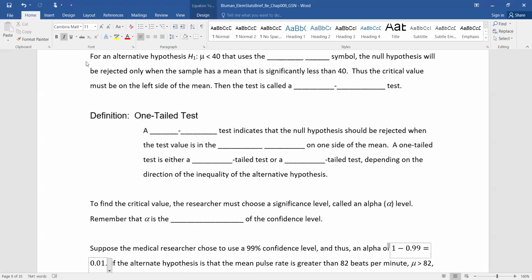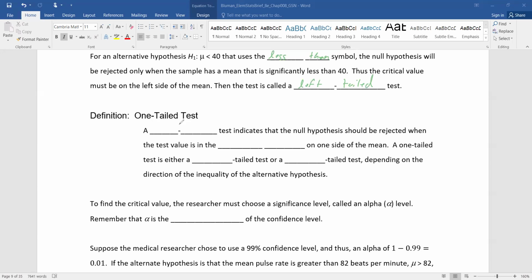Alternatively, for an alternative hypothesis where the mean is less than 40, which uses the less than symbol, the null hypothesis will be rejected only when the sample has a mean that is significantly less than 40. Thus, the critical value must be on the left side of the mean. Then the test is called a left-tailed test.